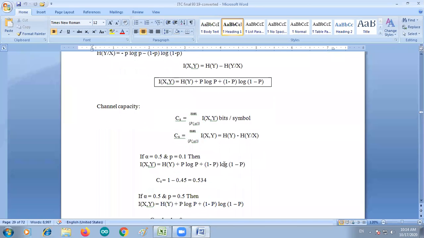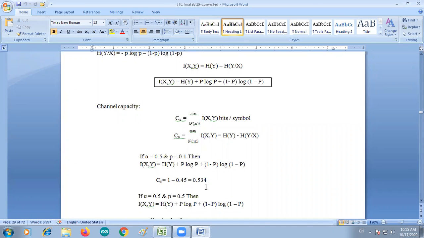Now if alpha is 0.5 at P is equal to 0.1, then I of x comma y is equal to 1 minus 0.45, which is equal to 0.534.